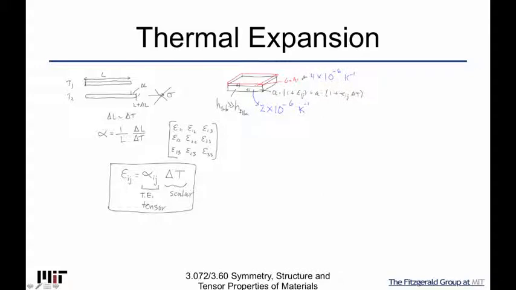So as it tries to shrink, it can't shrink as fast as it wants because silicon has a smaller alpha. And so as it shrinks, it's going to want to be actually closer together. The atoms are going to want to be closer together, but they're forced to be further apart. Atoms being forced to be further apart means that they're under tension. In fact, it's biaxial tension, right?